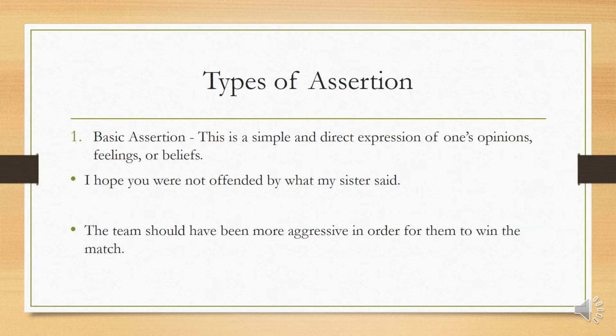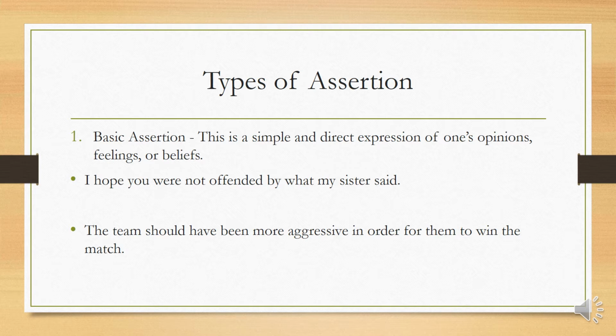Let us dig deeper with our discussion about assertion and let us understand the types of assertion. Let's start with the basic assertion. This is a simple and direct expression of one's opinions, feelings, or beliefs. For example, I hope you were not offended by what my sister said.